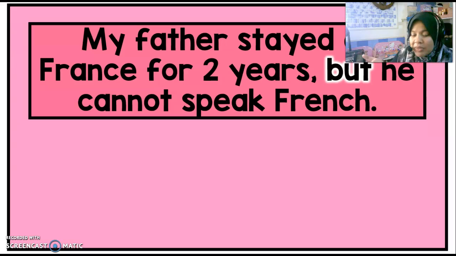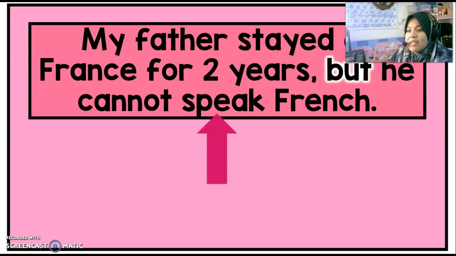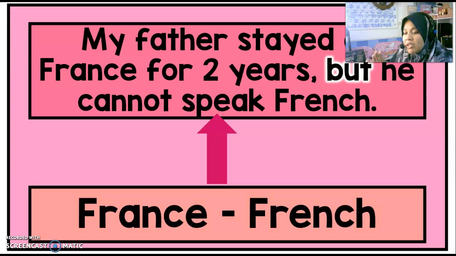But okay, ada juga yang duduk tapi dia tak belajar pun. Alright, so we use but in this sentence to show that France is usually connected to French. Perancis biasanya dikaitkan dengan bahasa Perancis. Bila kita pergi Perancis, kita akan belajar sikit-sikit lah bahasa sana.